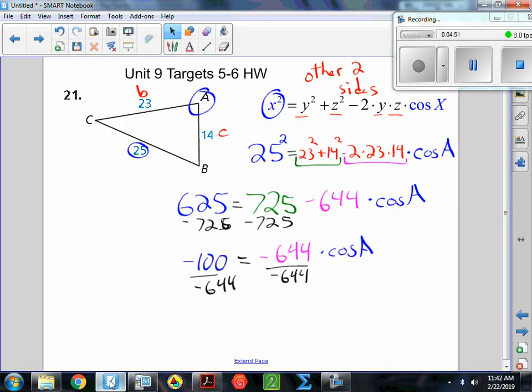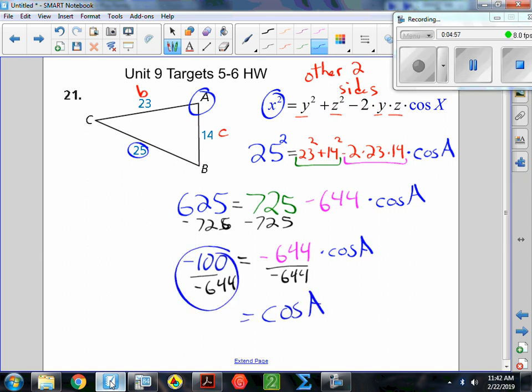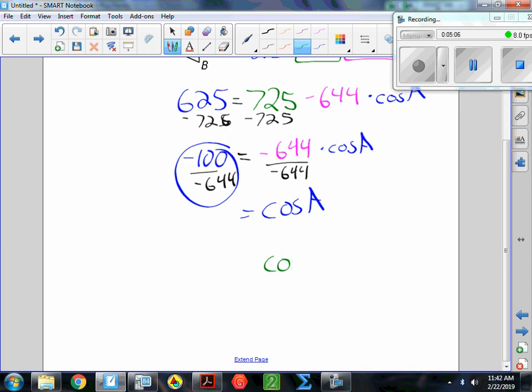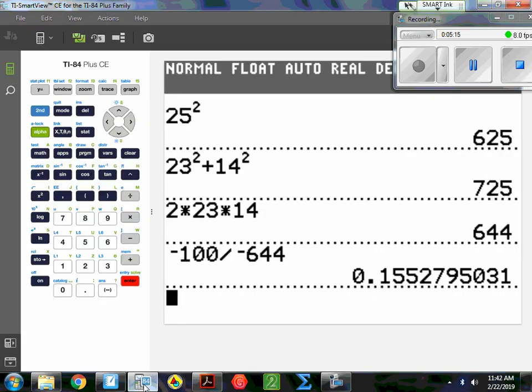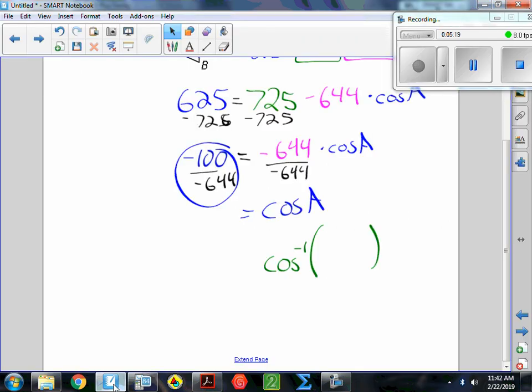That decimal is equal to the cosine of A. I don't want cosine of A, I want the inverse cosine, because that tells me A. So I'm going to do the inverse cosine of that fraction, or that decimal, to get A. You could use the fraction there to get the same thing.